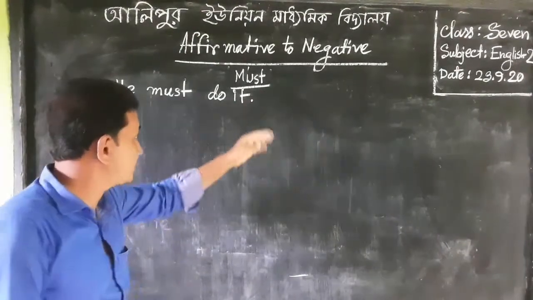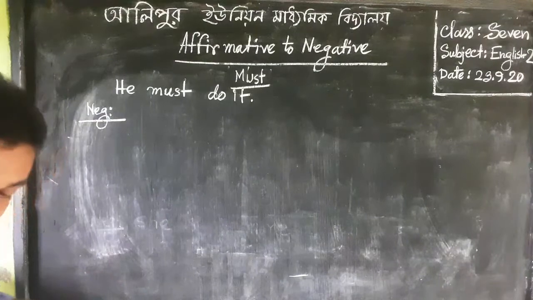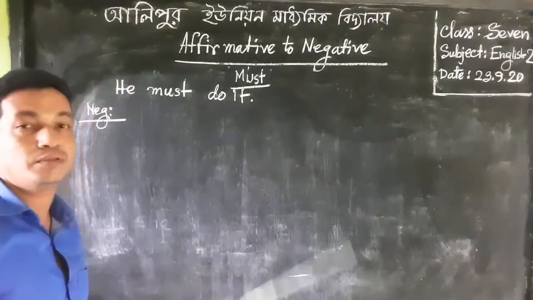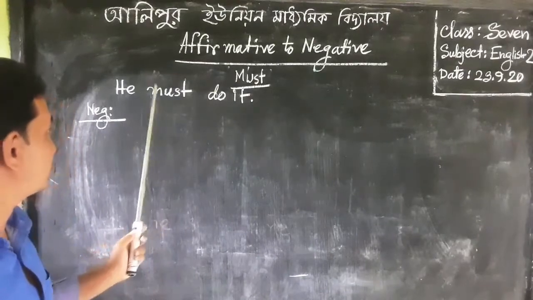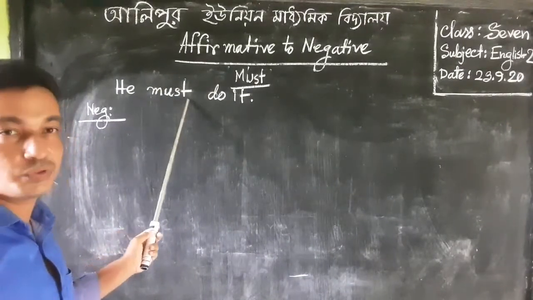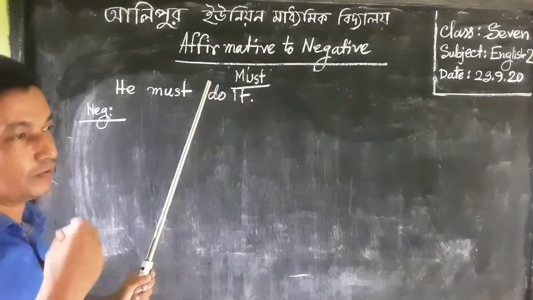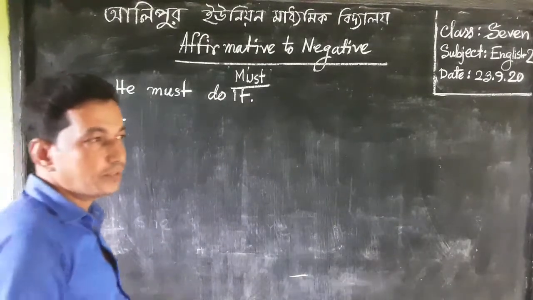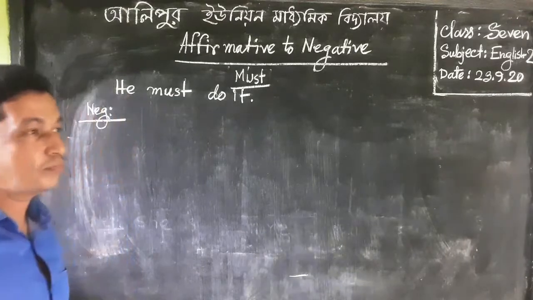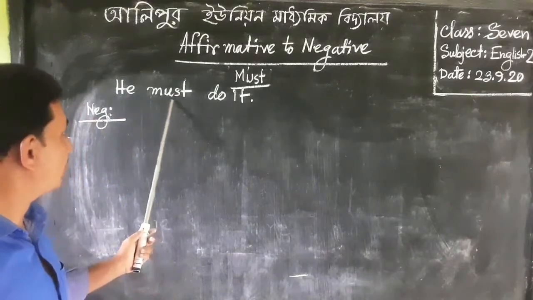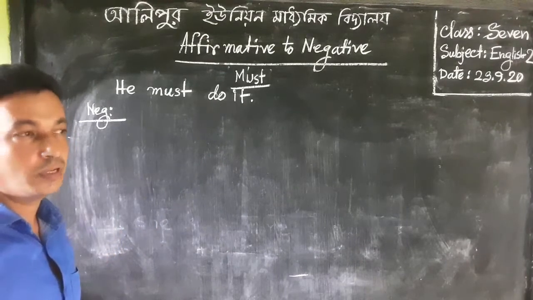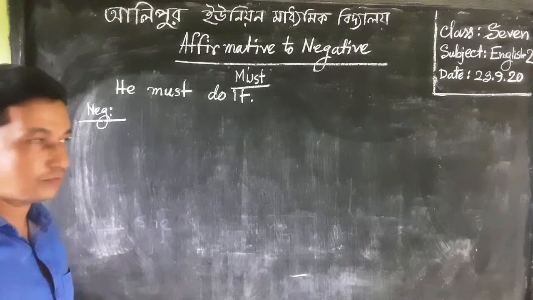This is an affirmative sentence, and we have to change must into negative. When we change it, we should write cannot but or cannot help instead of must. And you should keep in mind that when you change must into cannot help, then at the end of the verb you should add ing. Okay, dear students?